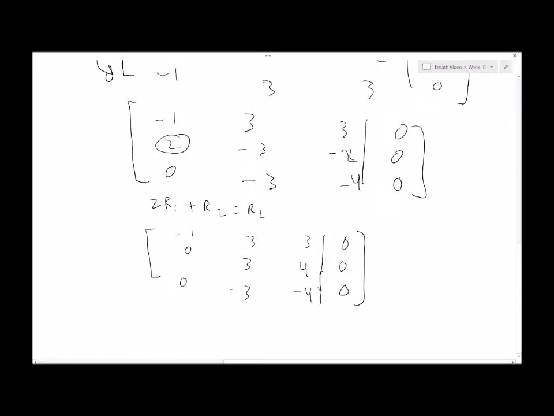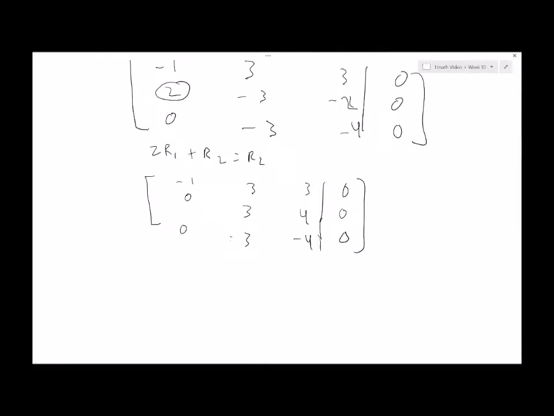As you can see, row 2 and row 3 are opposites of each other, so we can just do row 2 plus row 3 equals row 3. We're left with -1, 3, 3, 0, 0, 3, 4, 0, 0, 0, 0, 0.